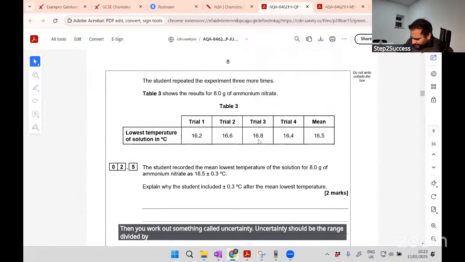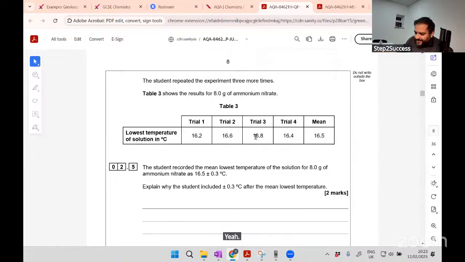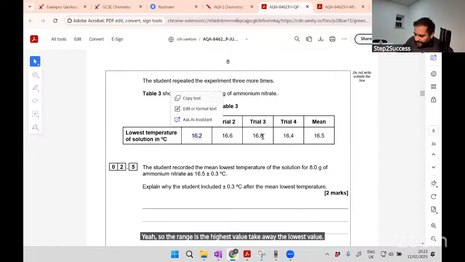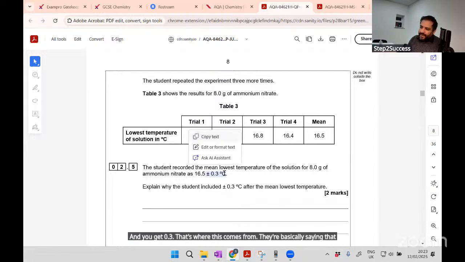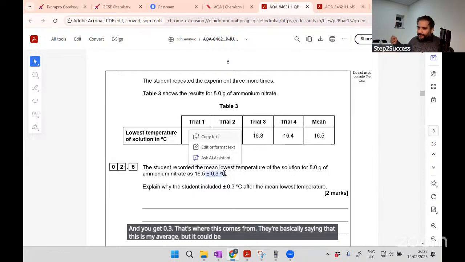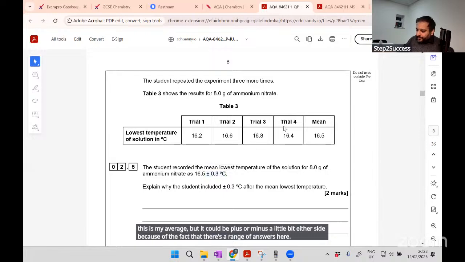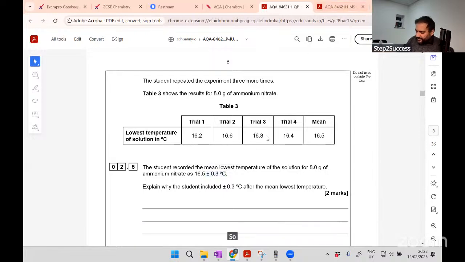The range is the highest value take away the lowest value. 16.8 take away 16.2 is 0.6, and you divide that by 2, and you get 0.3. That's where this comes from. They're basically saying this is my average, but it could be plus or minus a little bit either side because there's a range of answers here.